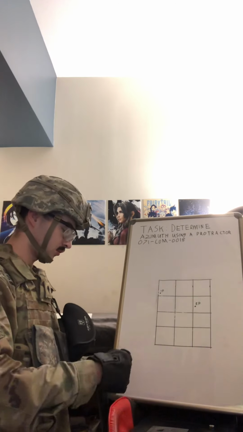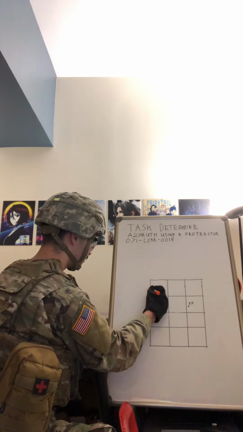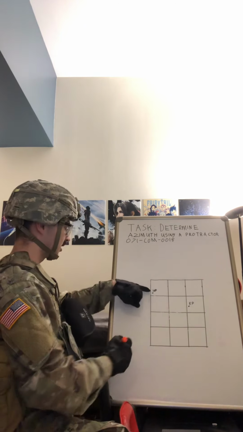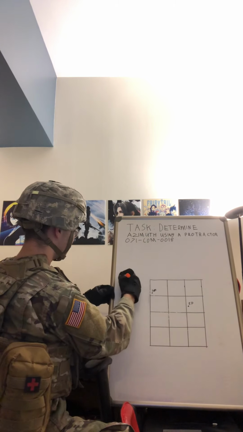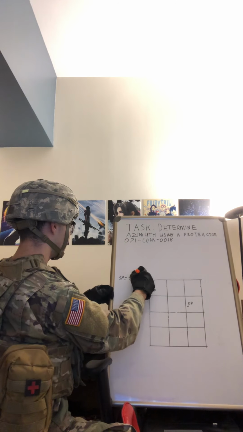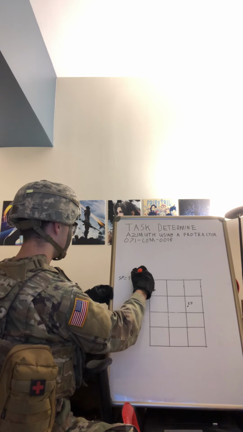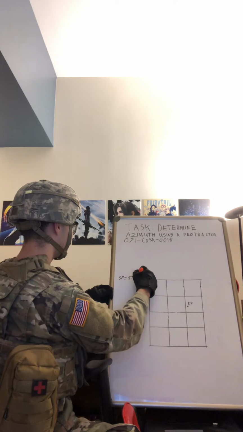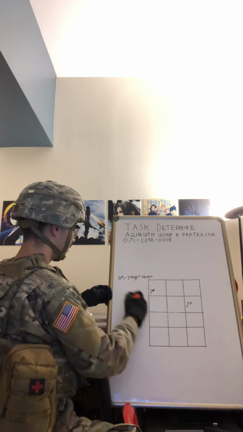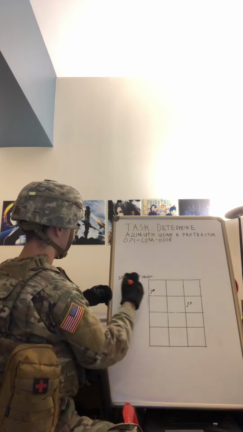Alright. So, you have your start point on your map, SP equals start point. Your end point, Echo Papa.